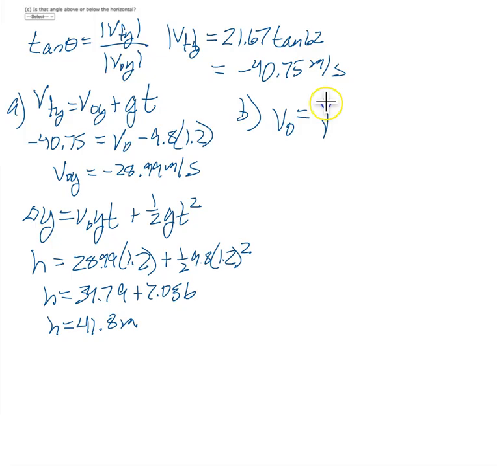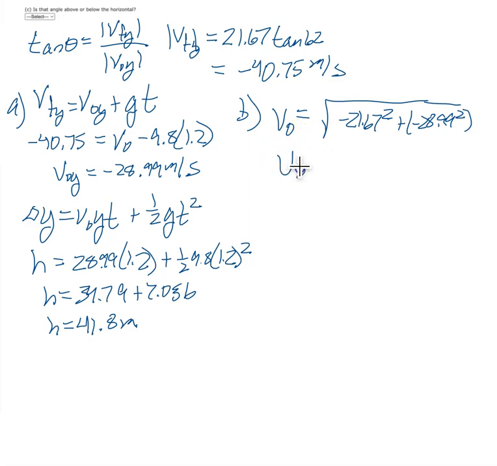So that's equal to the square root of negative 21.67 squared plus negative 28.99 squared. So now we are set there.